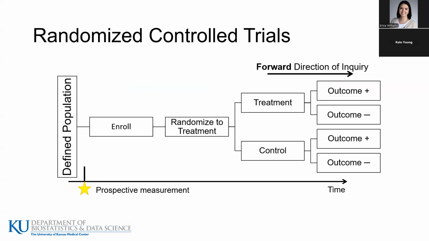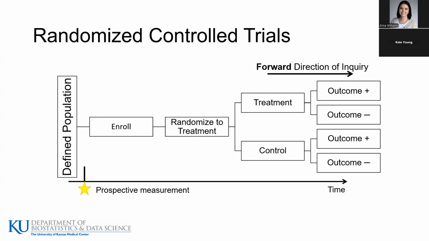So the defining features of a randomized controlled trial are, one, they're prospective, so we enroll patients and then we collect their outcome measure. It's also forward directional, so the comparison groups are based on the exposure, and then the measurements being compared are the outcomes.